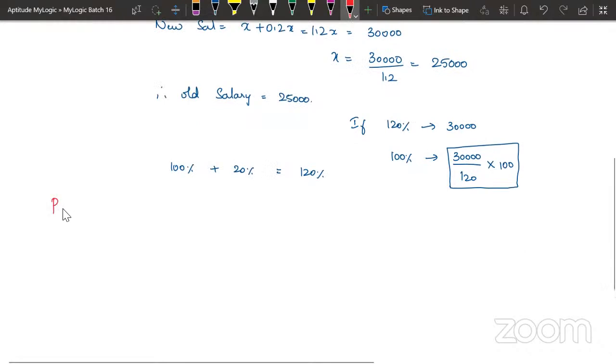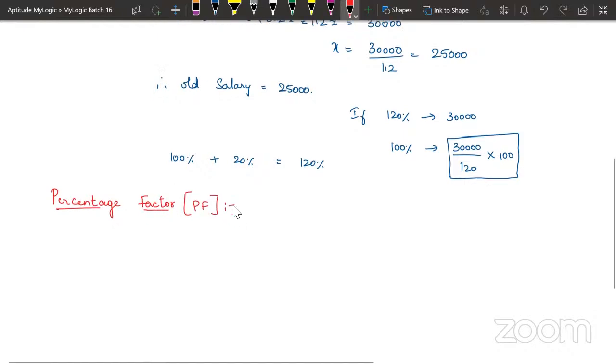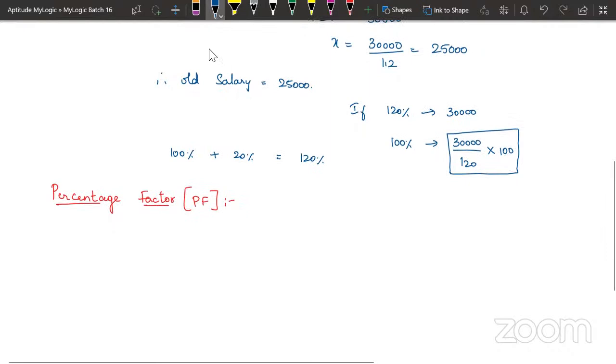Please write down this percentage factor. We will be discussing this percentage factor in many topics. So you have to understand, whenever there is a percentage change given, how to apply it and get the required values.